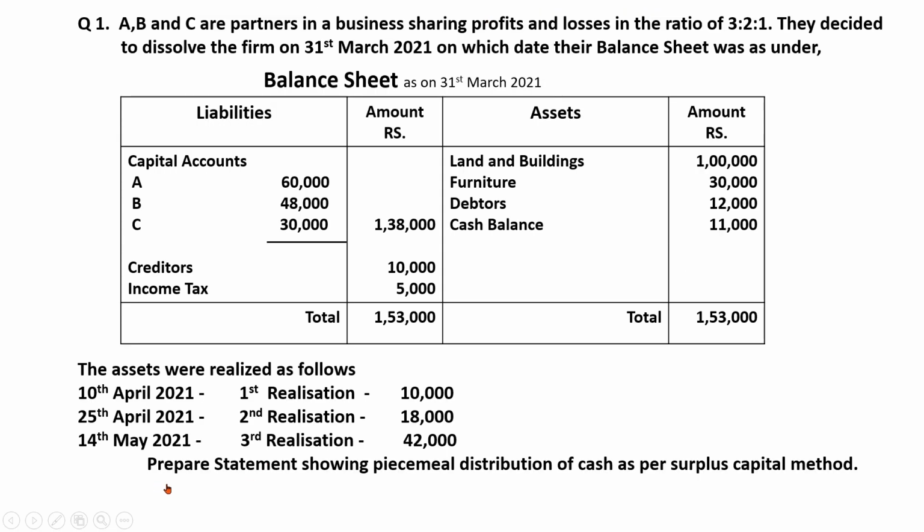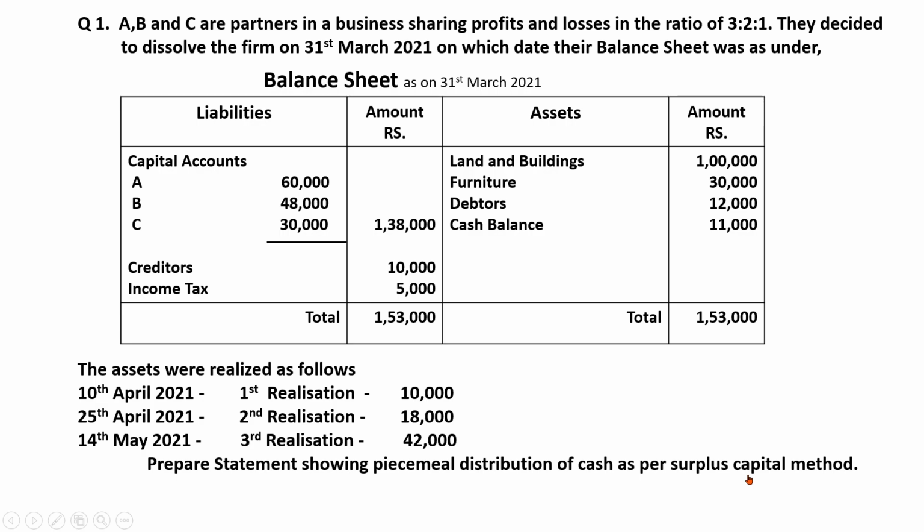At the end, you can observe that the question says prepare statement showing piecemeal distribution of cash as per surplus capital method. So this surplus capital method is followed to decide to whom the cash should be paid amongst the partners.